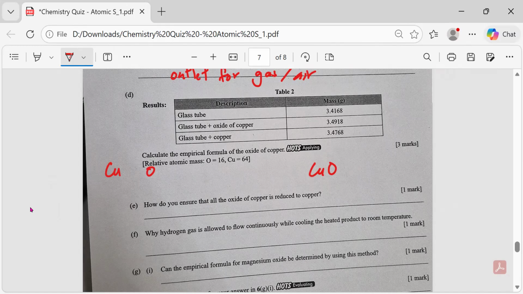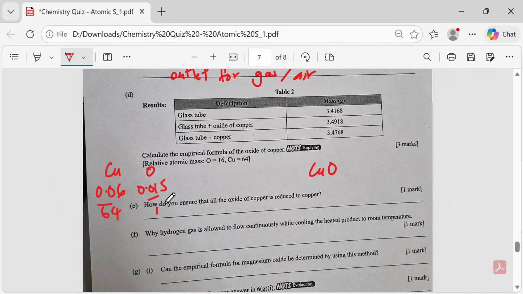So 0.06. You got it? Oxygen, you take 3.4918 minus the one below, 3.4768. 0.015. Do you get it? Okay.